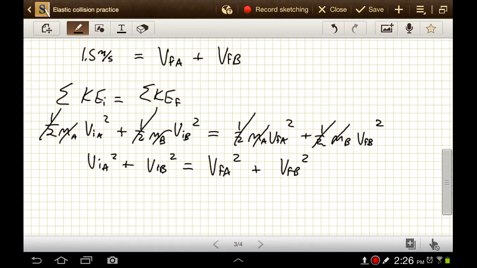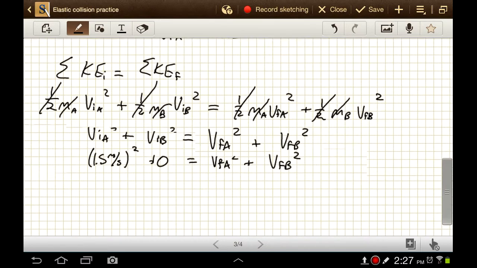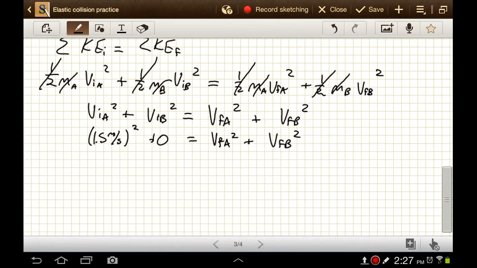I've got 1.5 meters per second for the initial velocity of A. 0 squared is still 0. It's equal to v final A squared plus v final B squared. And so 1.5 squared is 2.25 meters squared per second squared. And that equals v final A squared plus v final B squared.